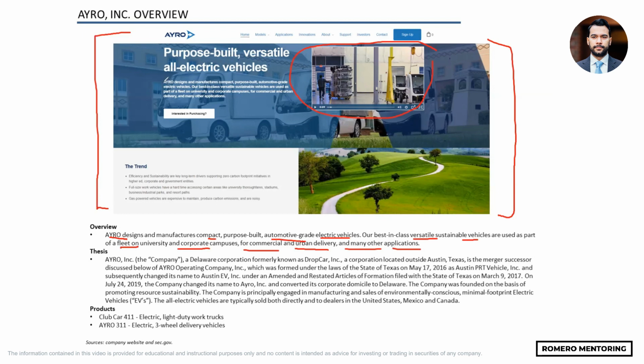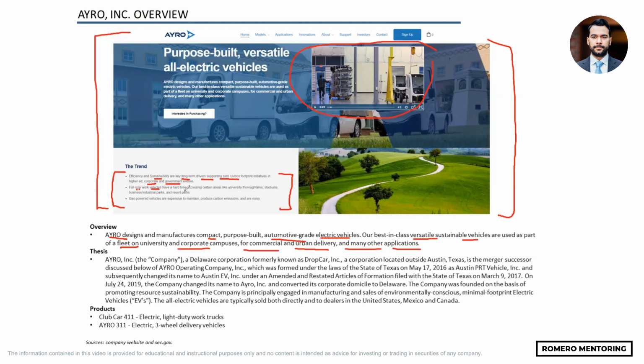In addition to that, you can see that they are focusing also on climate change. Look here, the trend, what they're mentioning on their website: efficiency and sustainability are key long-term drivers supporting zero carbon footprint initiatives in higher-end corporate and government entities.